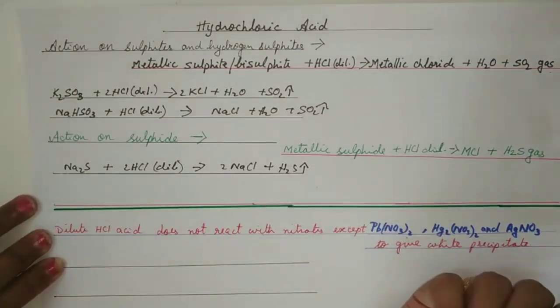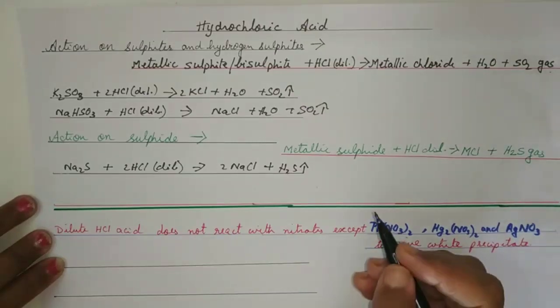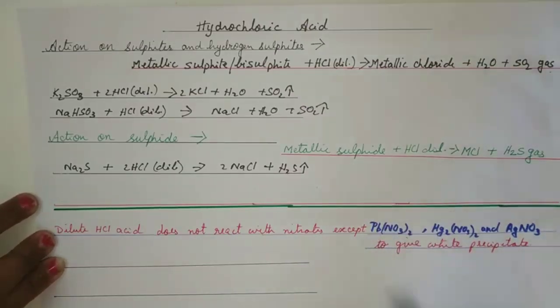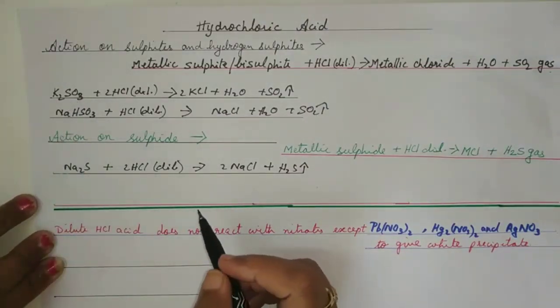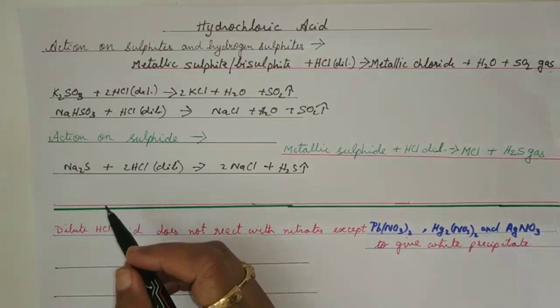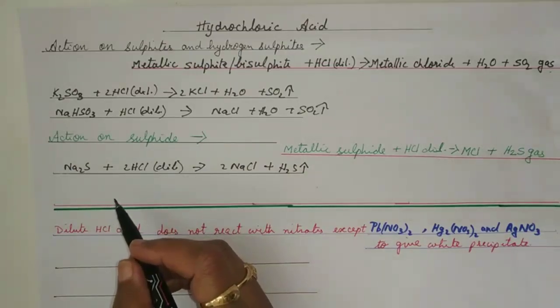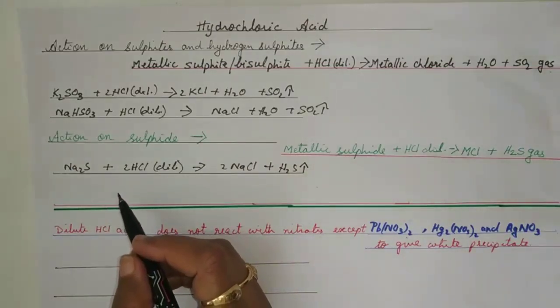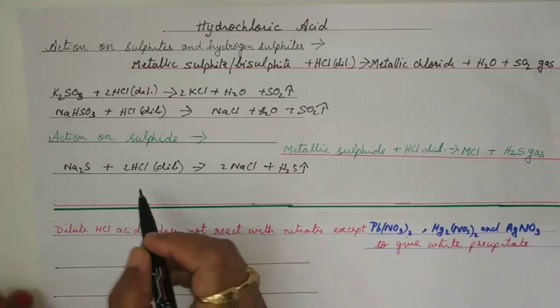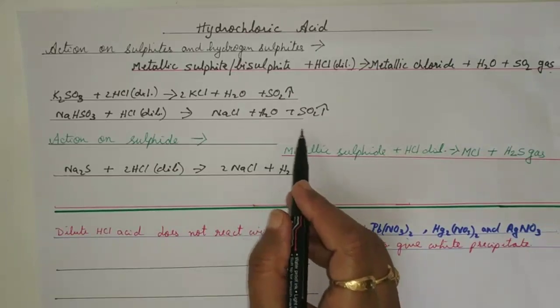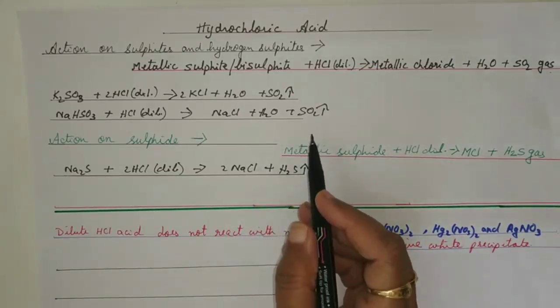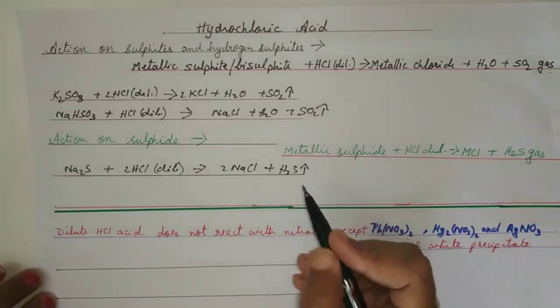There is one reaction where you can identify a metallic sulfide or a thiosulfate, where the thiosulfate reacts with dilute HCl and gives you salt, water, sulfur dioxide and sulfur, which is a yellow precipitate.